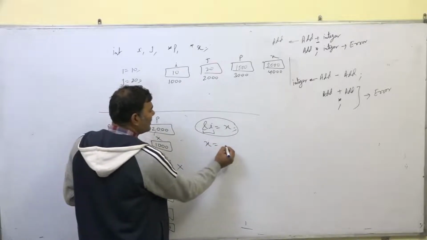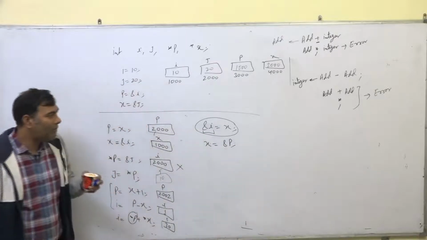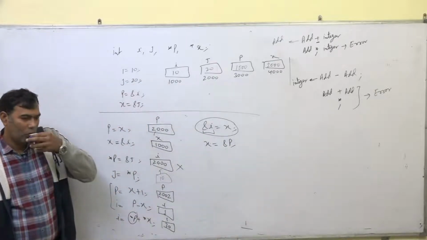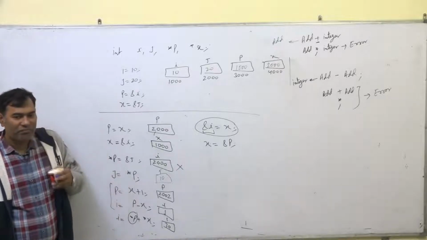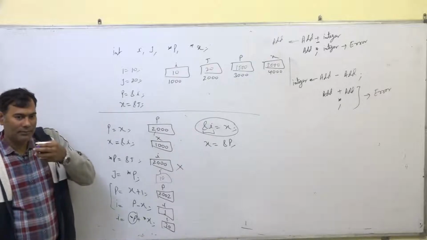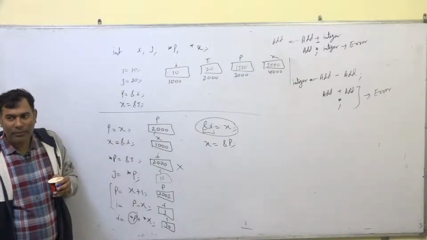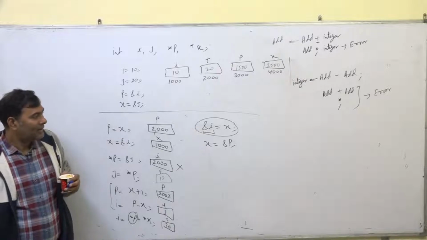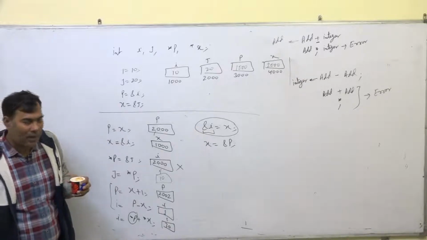Now x equal to address of p। So it is a kind of error। What?